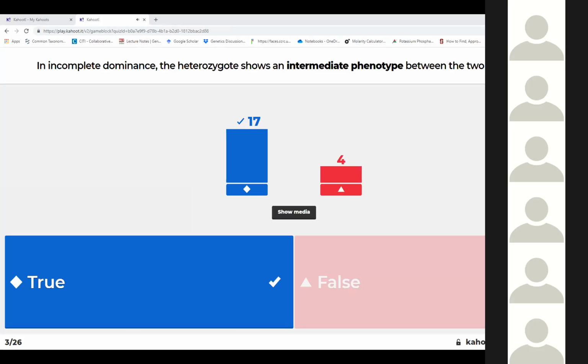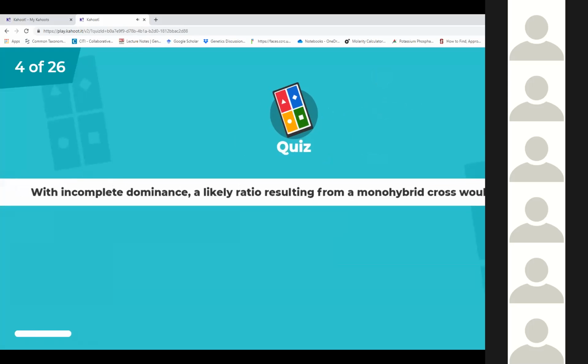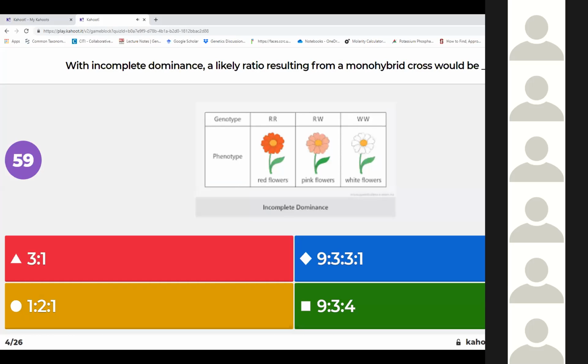Okay, so like we just talked about, incomplete dominance, you see the intermediate. Let's go to the next question. With incomplete dominance, a likely ratio resulting from a monohybrid cross would be... So, what do you guys think?